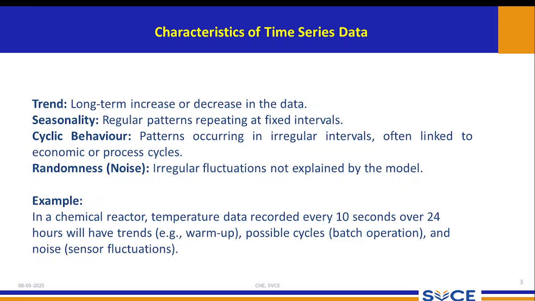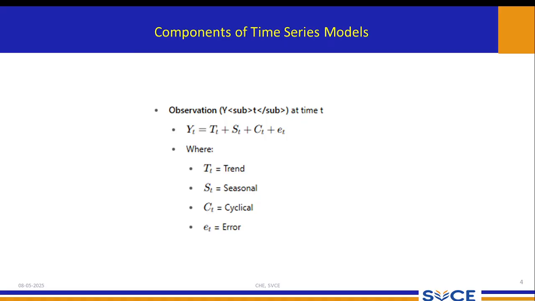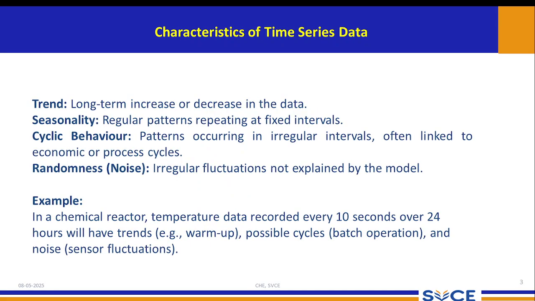So, for an example, the observed value is trend plus seasonality plus cyclic plus error. In a chemical reactor, temperature data is recorded every 10 seconds over 24 hours. We'll have a trend; for example, if it is an exothermic process, warm up.